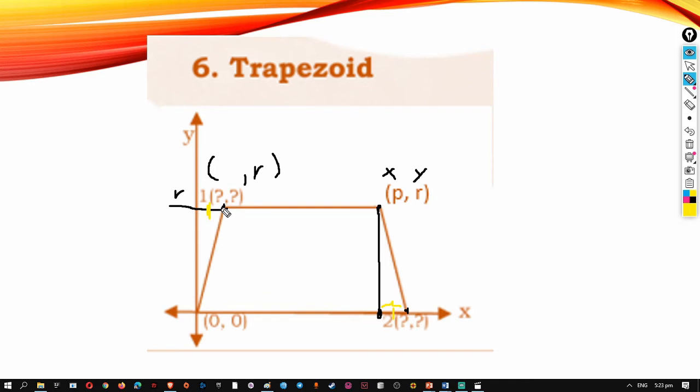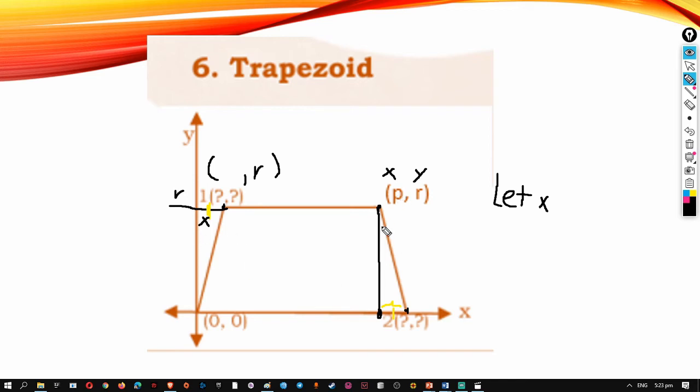Kaso, hindi natin alam kung ano ito. So, pag hindi alam, magle-let X na naman tayo. Let X equals the missing coordinate. So, ito ay X.